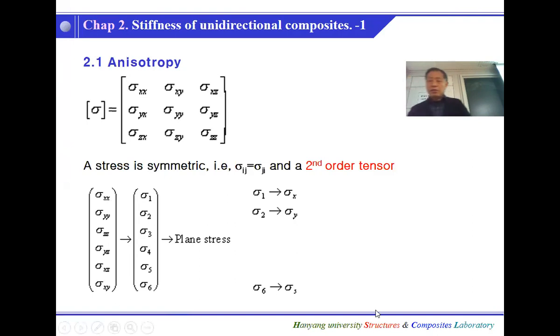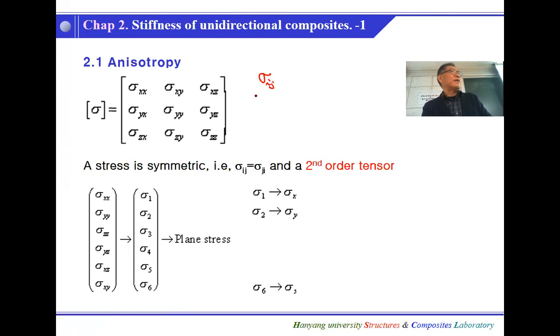So anyhow, the stress. As I mentioned, I'm not going to touch the details about the tensor, but the stress is a second order tensor. Second order tensor means that in terms of tensor notation, we call it sigma ij.